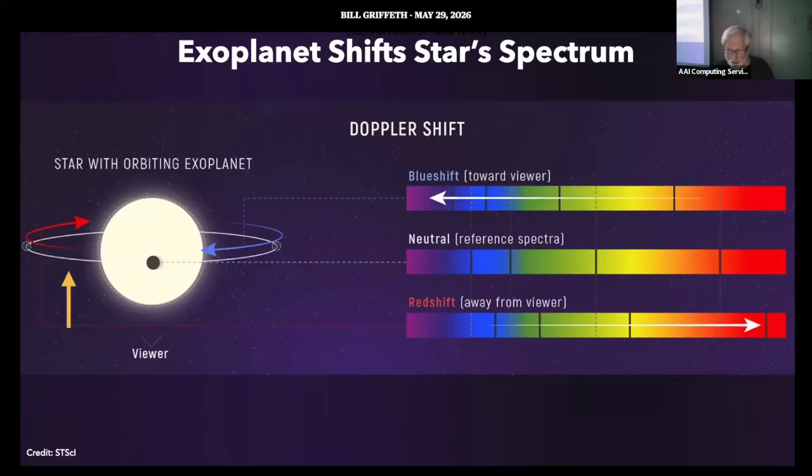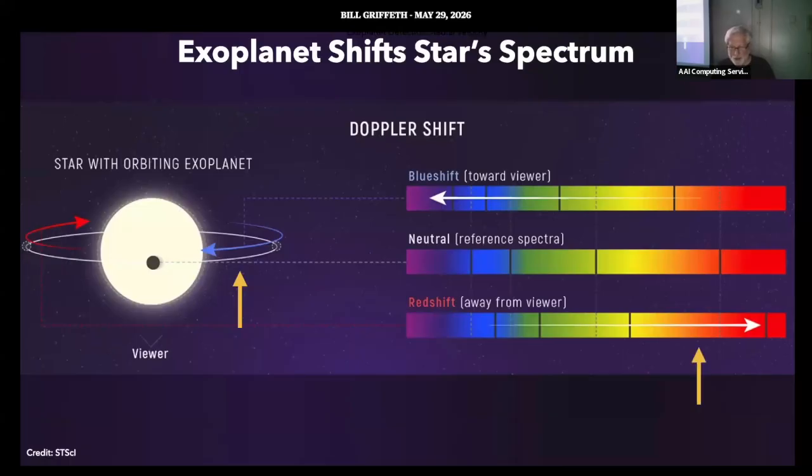Okay, so the star wobbles toward the Earth and its spectrum, including any absorption lines, shifts toward the blue. When the planet moves in front of the star, the blue arrow, the star wobbles away from the Earth and its spectrum, including any absorption lines, shifts toward the red.